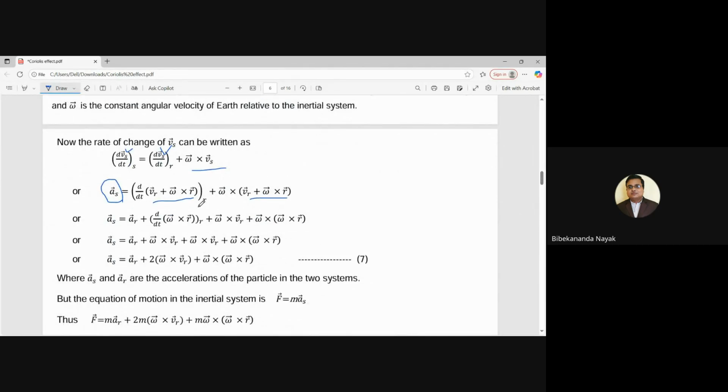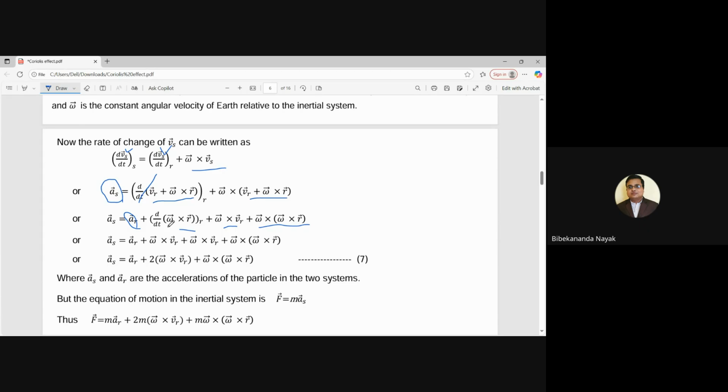Since it is the r frame, dVr by dt in the r frame means d square r by dt square in the r frame, which is ar. So the first term will be ar, and the second term is the derivative of omega cross Vr plus omega cross r. Omega is the angular velocity of the earth, which is fixed.